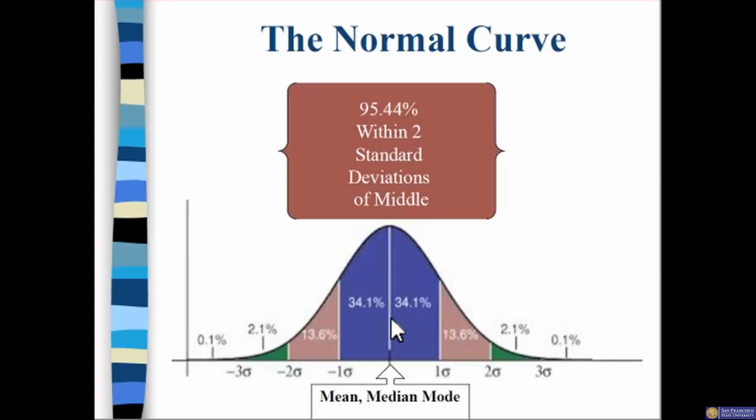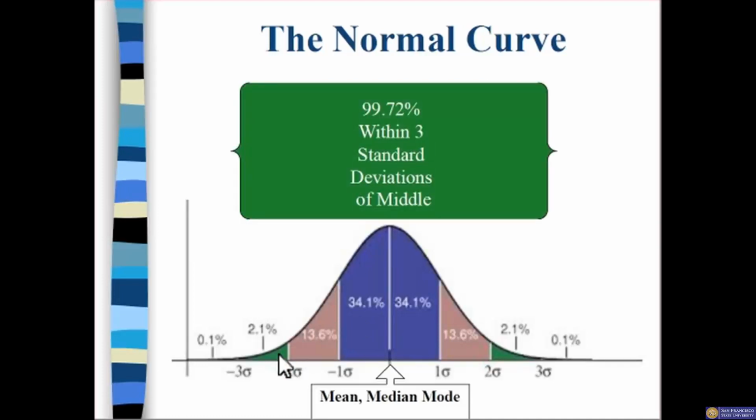If we expand out a little further to two standard deviations, 95% of our data should fall within two standard deviations of the mean. Because we're using these standardized scores, we're able to calculate how far away people are from the mean and determine what your percentile might be. Also listed here, within three standard deviations is 99%, or almost 100%.